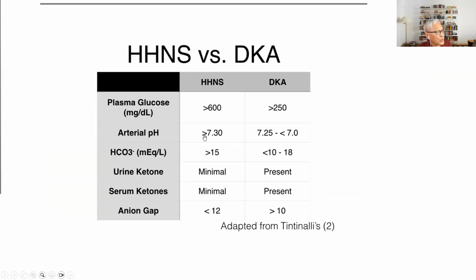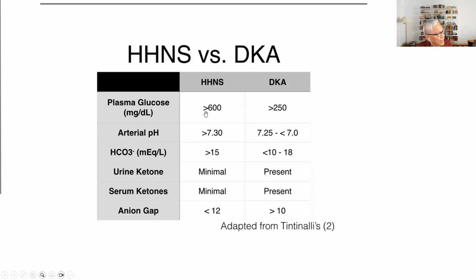Both of them will result in acidosis, but the acidosis is going to be much more intense in diabetic ketoacidosis. That's why it's called acidosis. So where is acidosis more severe, DKA or HHS? It's going to be much more severe in patients with DKA.